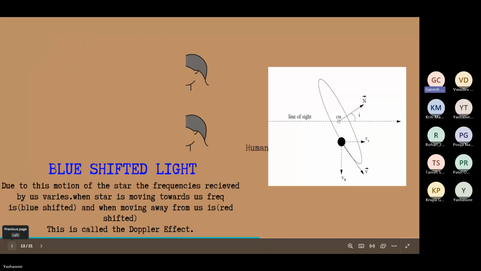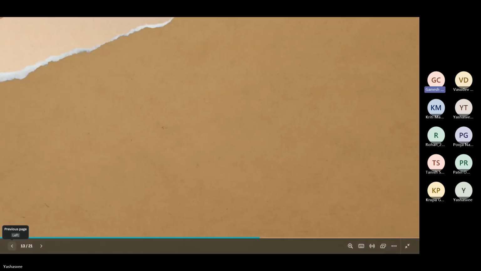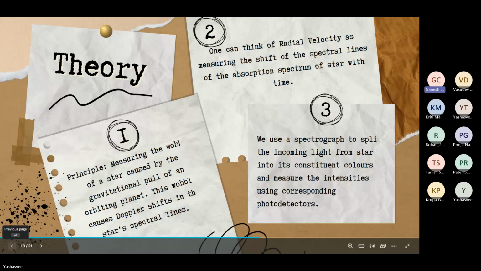So, talking in brief, the radial velocity method is like using a wobble detector on a star. When a planet orbits a star, it pulls on the star just a little, causing the star to wobble slightly. By observing this wobble, scientists can infer the presence of a planet.